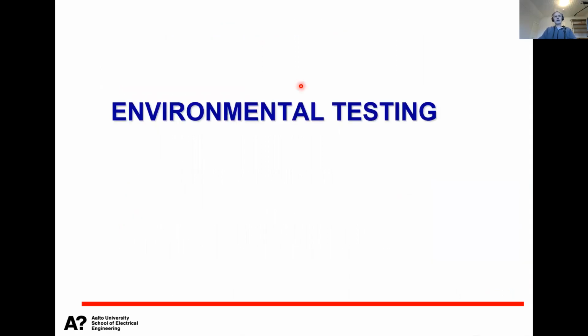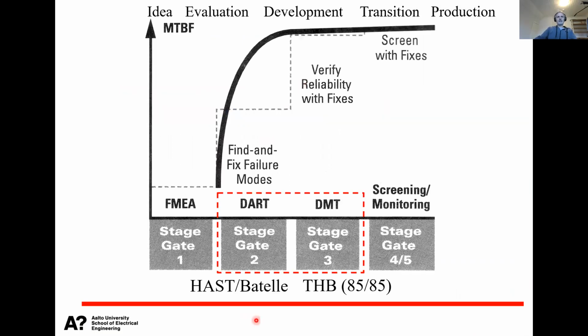Okay, so last time we started to discuss environmental testing, meaning that basically we come back to our stage gate process, stages 2 and 3. But the point was that now, instead of having only temperature and mechanical stresses, we also include the humidity and impurities.